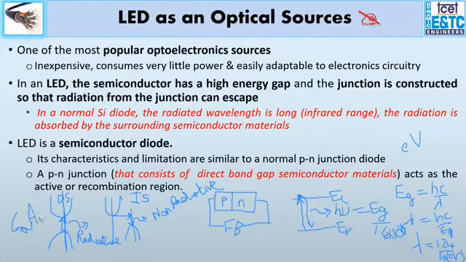You can change your configuration of how much gallium, how much indium, how much arsenic, how much phosphorus you add, and then you can vary your band gap. That is the band gap engineering I was talking about: change the material properties, change the Eg, and hence we can have a different wavelength released at the output. Is it clear?